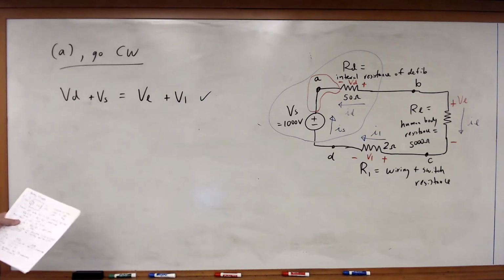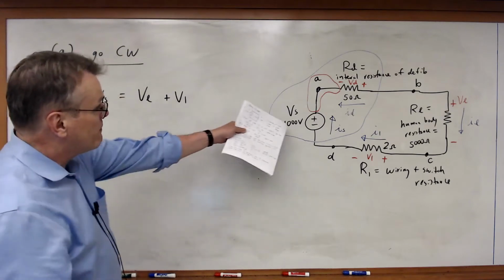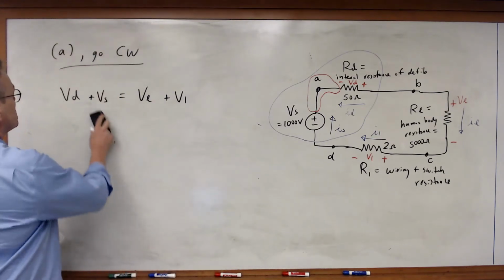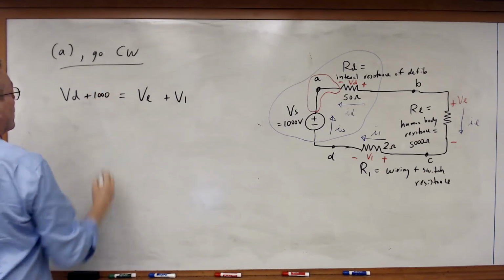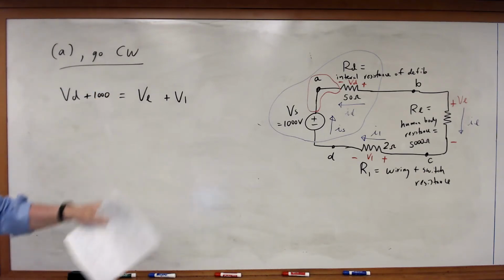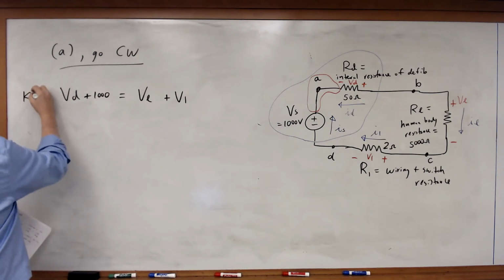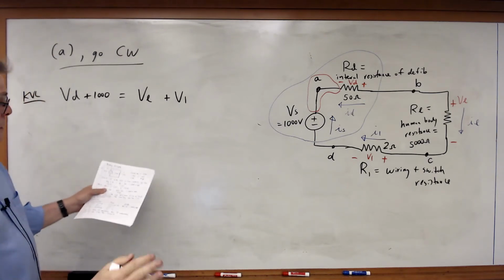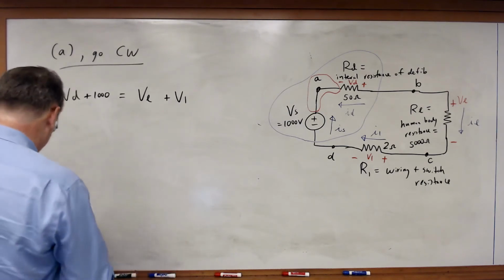So here's my result, and in this case, of course, I actually know what VS is. VS is just 1,000, so I'm just going to replace that. So there is my expression for my KVL equation. And now, what else do I need? I now need my KCL and Ohm's law that I wrote before.